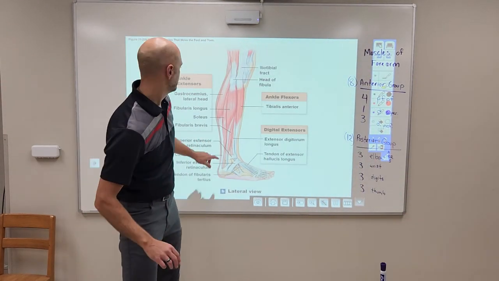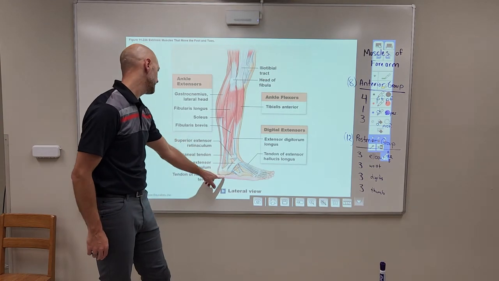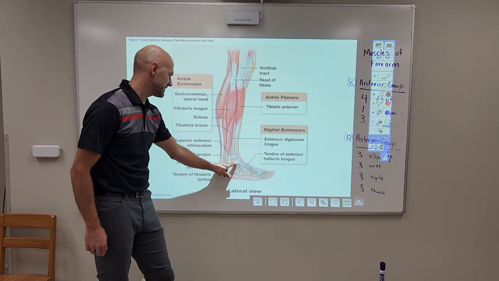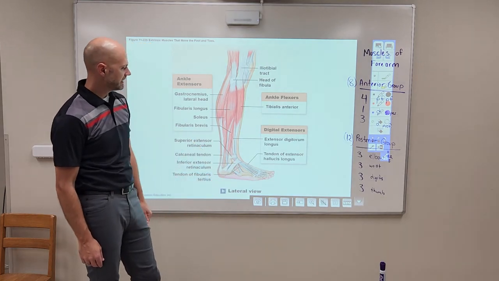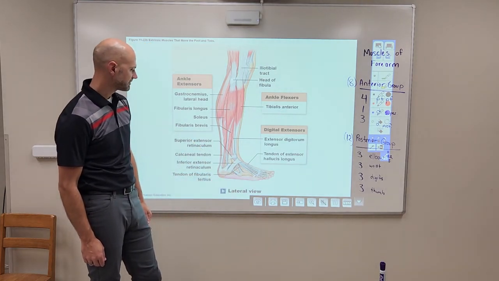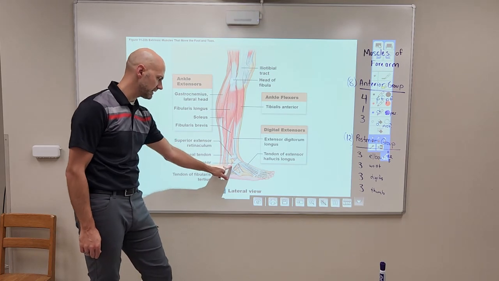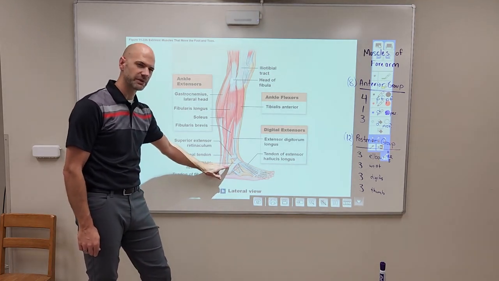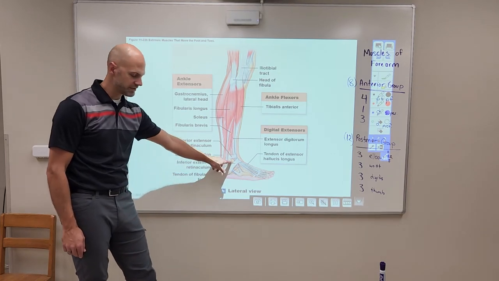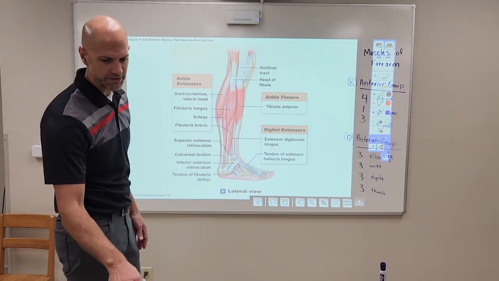Here's the superior retinaculum, and here's the inferior retinaculum. There's actually two of them holding those tendons in place. When you roll an ankle, you're going to be damaging part of this retinaculum, because it's really the tendons inferior to the lateral malleolus which get damaged when you roll an ankle.